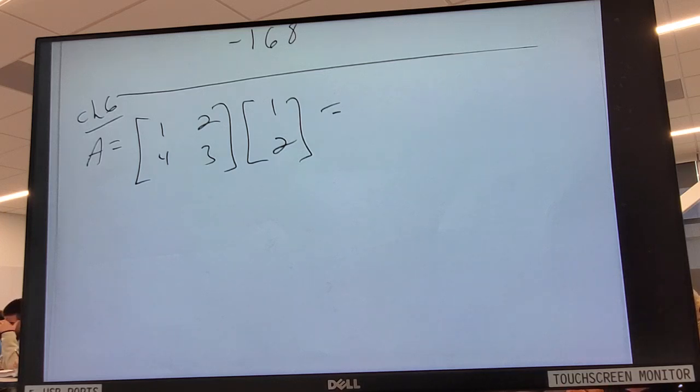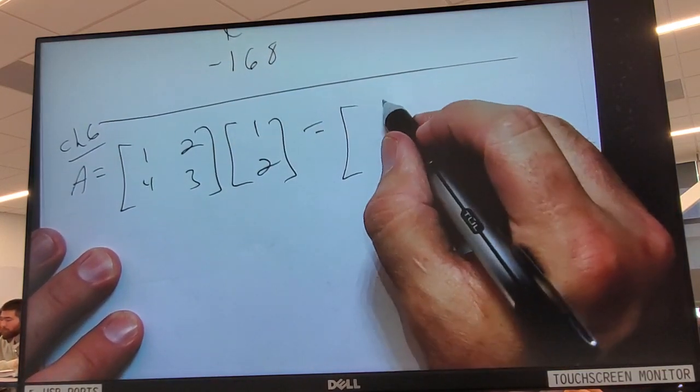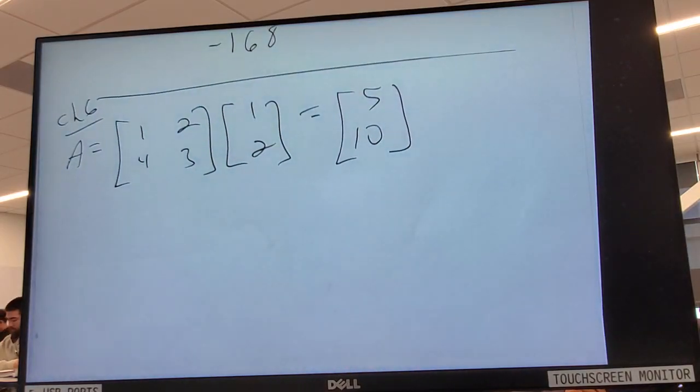Yeah, it's not interesting. Oh, that's right. I could have. All right, what are you guys getting? 510. Can anyone see a connection between the vector and the answer?